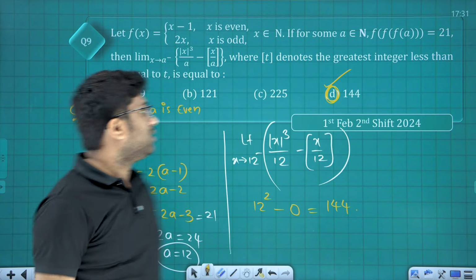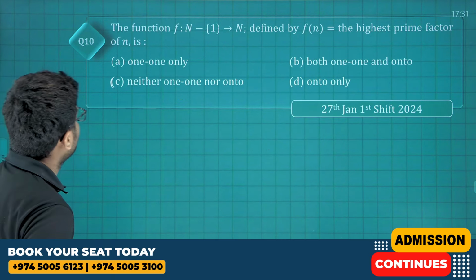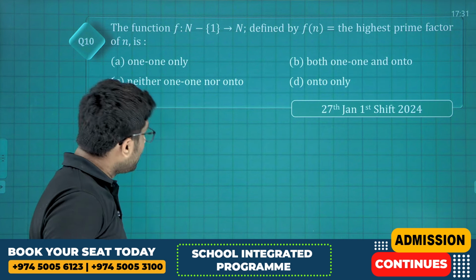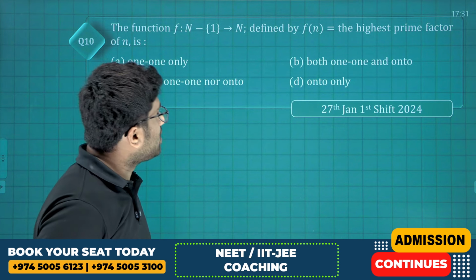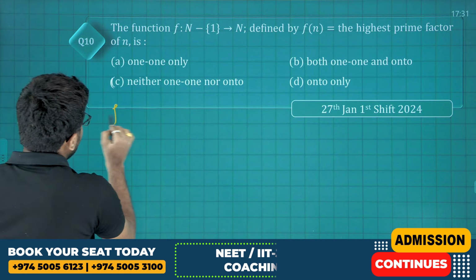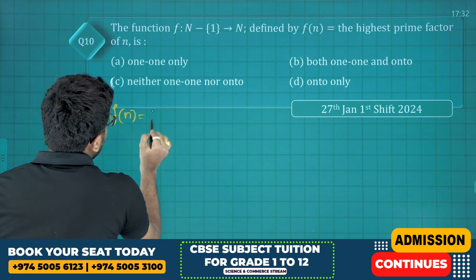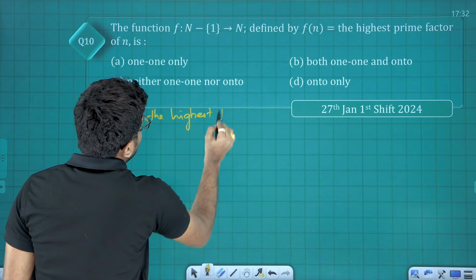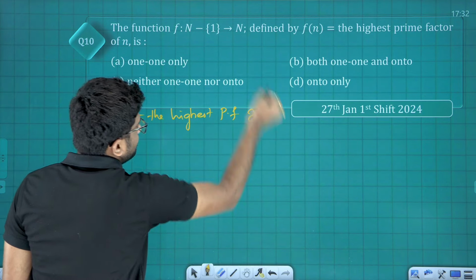Next question. The function f mapping from N minus 1 to N defined by f of n is equal to the highest prime factor of n. So f of n is nothing but the highest prime factor of n.